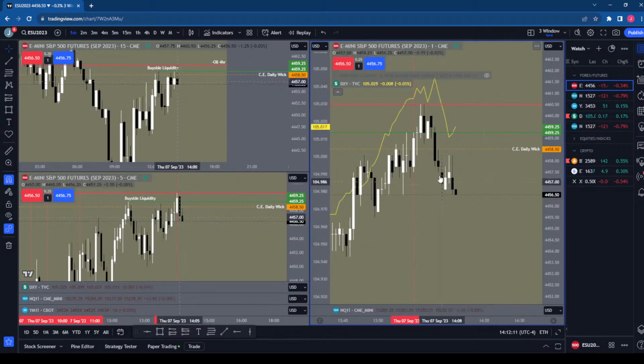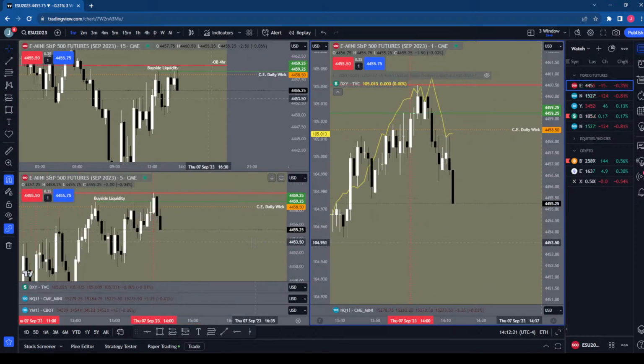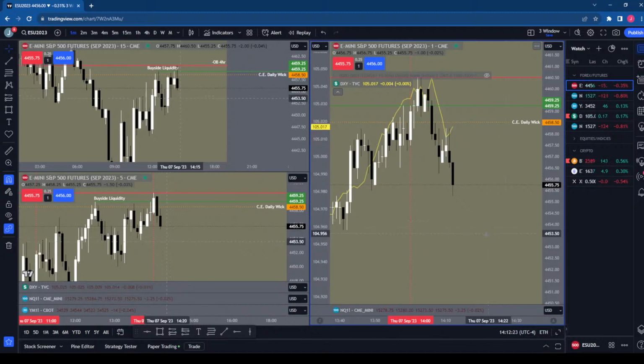I'd like something a little cleaner. We have this volume imbalance, with a candle body respecting this volume imbalance. I'm liking downside price action right now, so I think we will look for a fair value gap. We will look for the silver bullet.